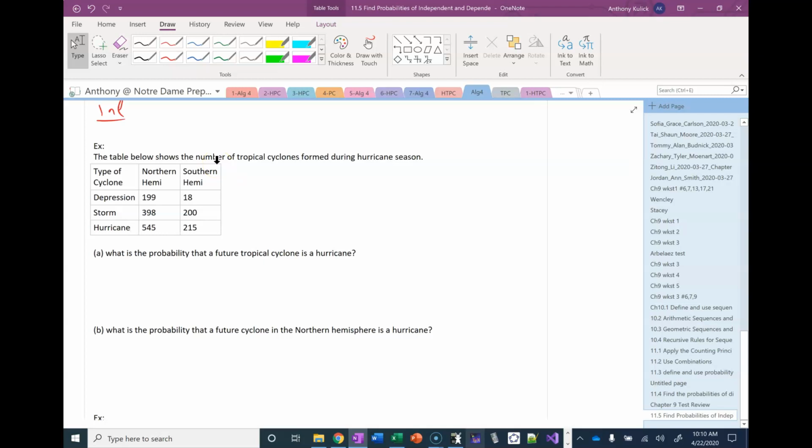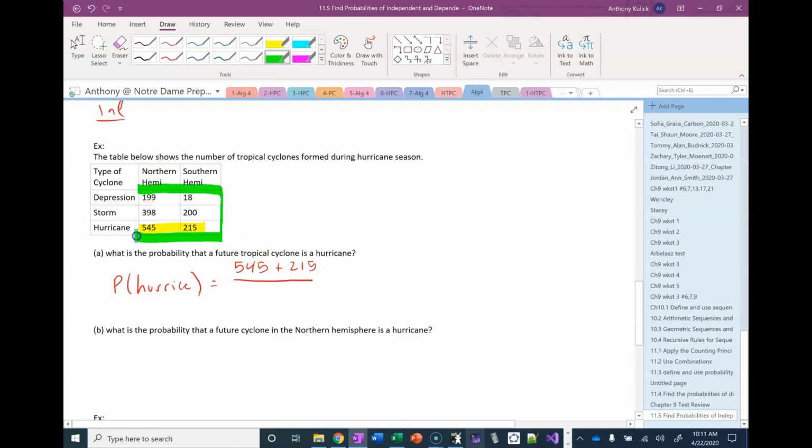So the first question asks, what is the probability that a future tropical cyclone is a hurricane? Okay? So if I do that, I'm going to basically just count up the number of hurricanes. So I have 545 plus 215. Those are my number of hurricanes. And I should be dividing by the total number of tropical cyclones.